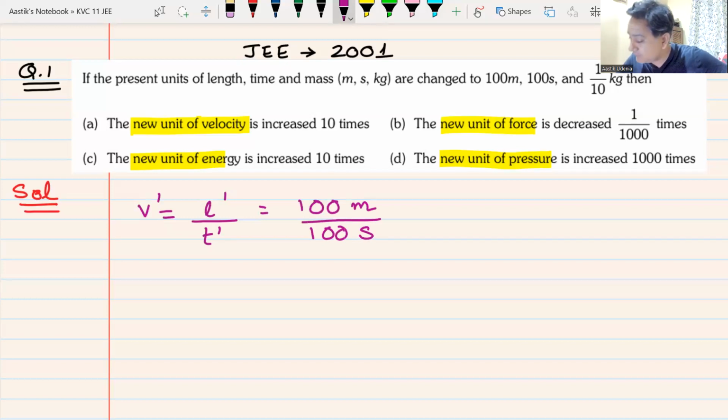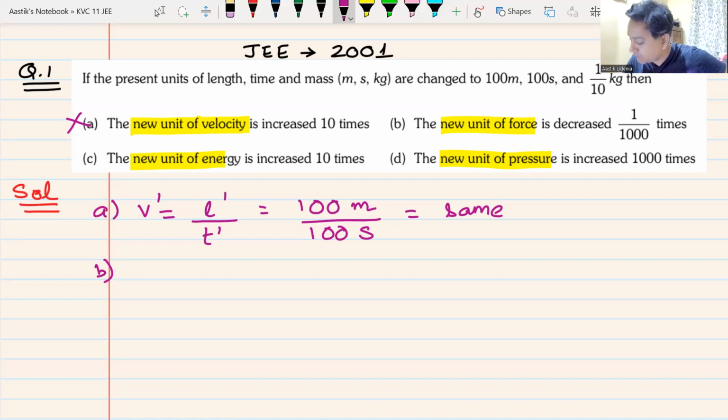So my dear friends, this unit will remain same and therefore this option is definitely wrong. Do we understand this? Yes or no? Well done. Let us now move on to option number B. This was option number A. This was option number B.